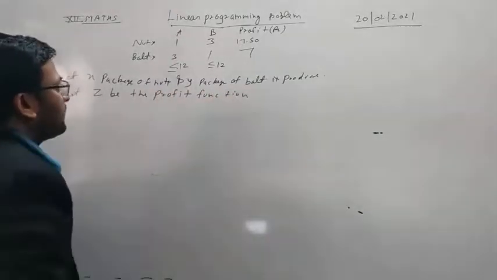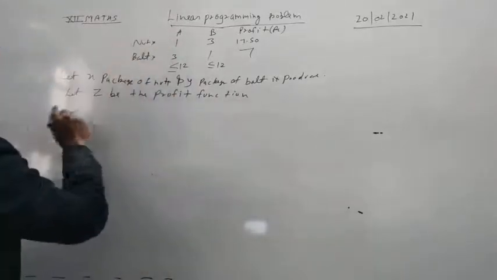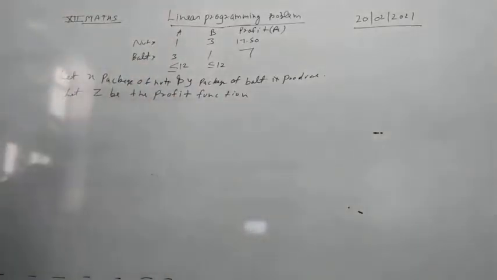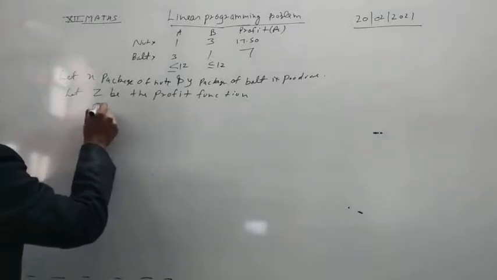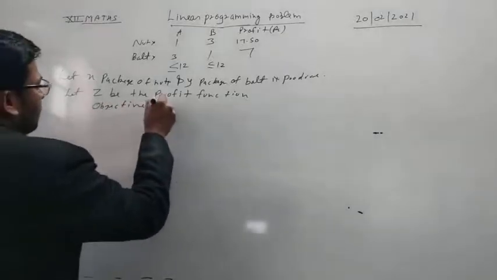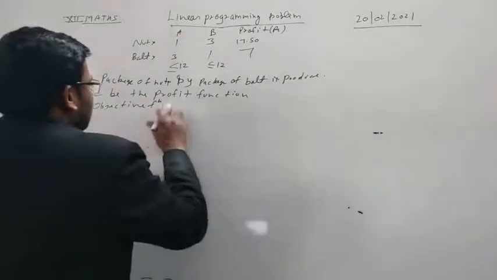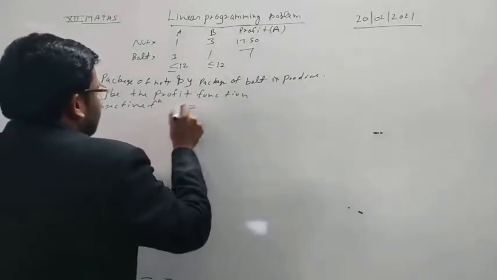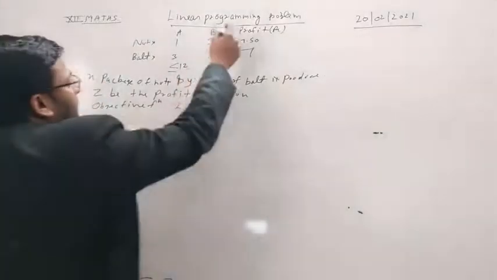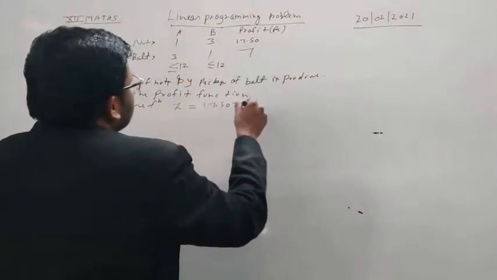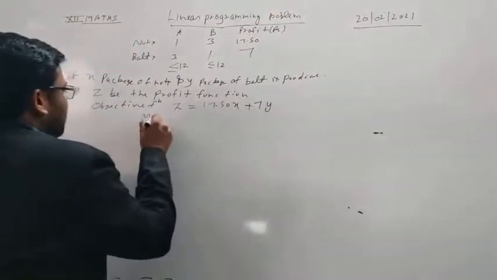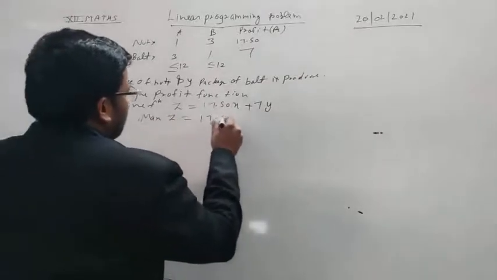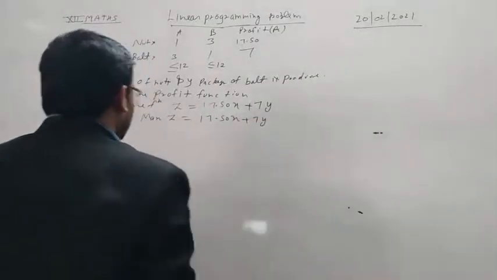So we make the inequalities. The objective function will be: maximize Z = 17.50x + 7y.